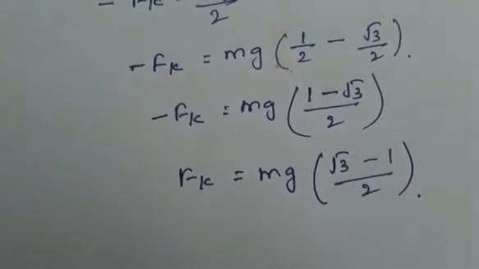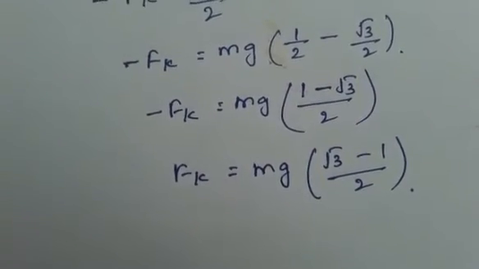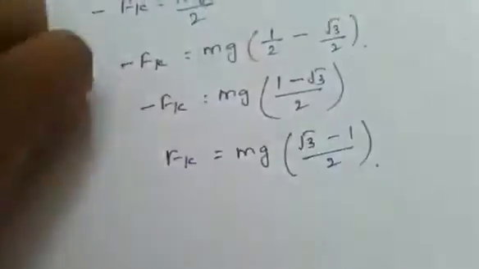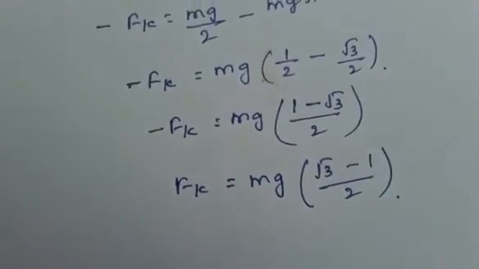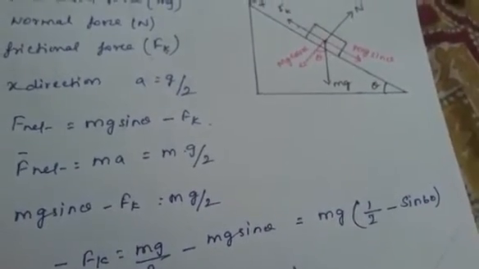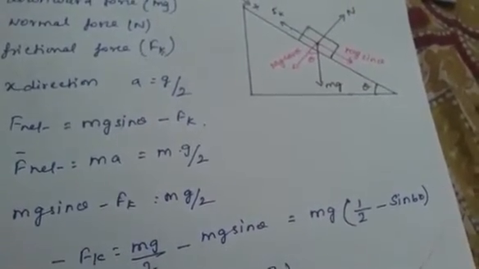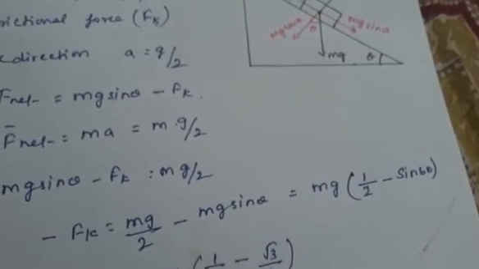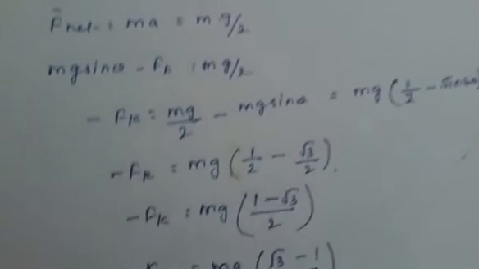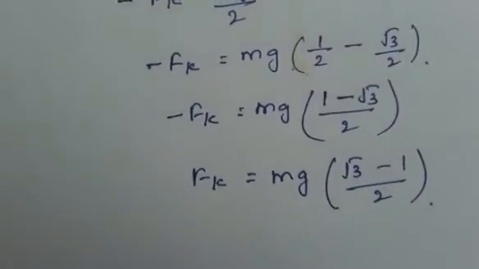Now, we can find it along the y direction. Along the y direction, the body is not having any acceleration. So, what are the forces acting in the y direction? mg cos theta and the normal force.